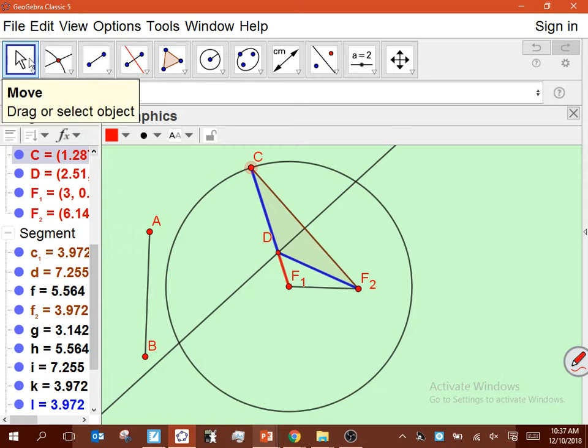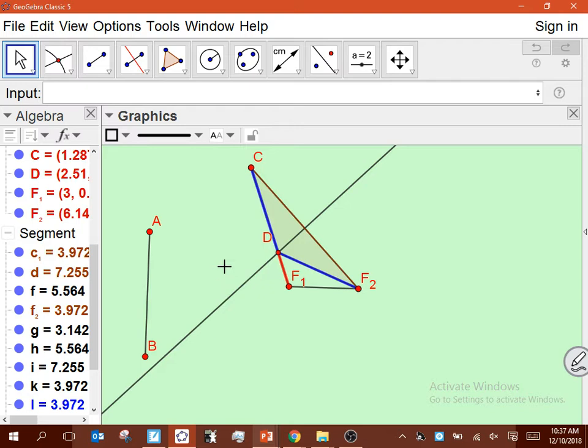So let's hide some stuff here. Let's hide the circle, let's hide this triangle and the parts that make it.